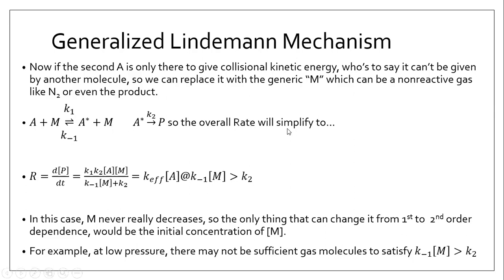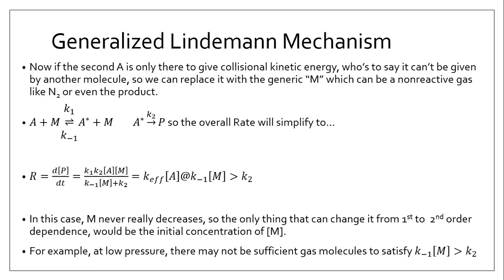So the overall rate simplifies to, we do the same thing. Instead of A squared, it's A times M. And instead of over A, it's now M down here. Once again, if M is a large quantity, if M is a non-reactive gas like nitrogen, k−1 times M is going to be much bigger than k2 in most cases.